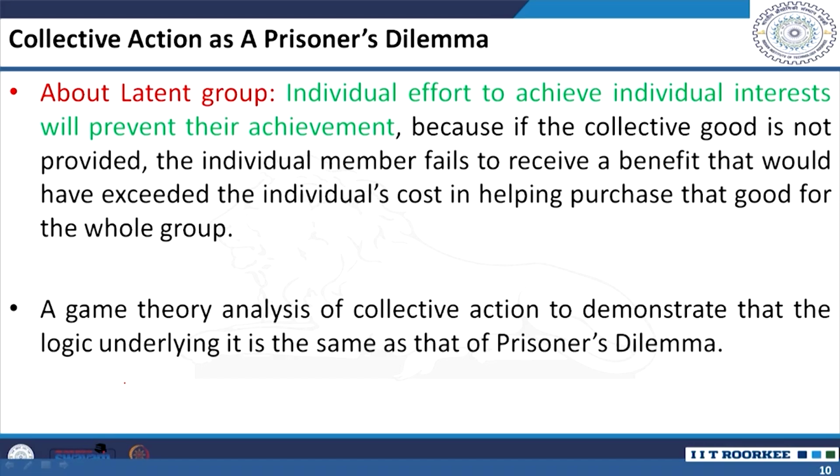Taking the costs and benefits into consideration, the individual members follow the principles of rationality. And similarly, taking into account the game theory analysis, what we are finding is that a game theory analysis of collective action demonstrates the very logic is just the same as the prisoner's dilemma.